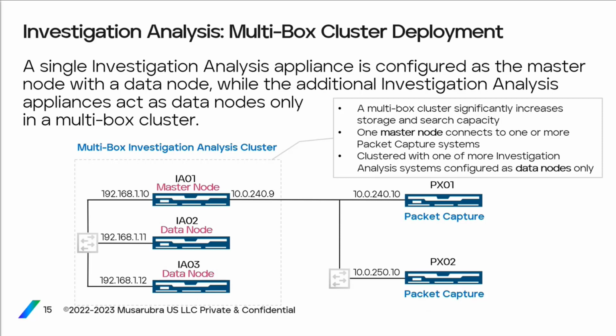They simply are storing metadata and allowing it to be accessible. The master node takes care of everything else. So what this does for you is that it will significantly increase the storage and search capacity of your investigation analysis appliances.